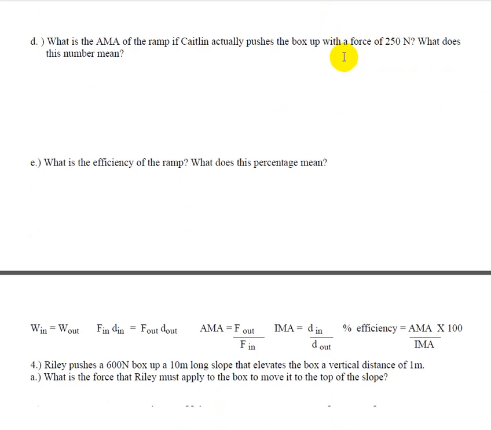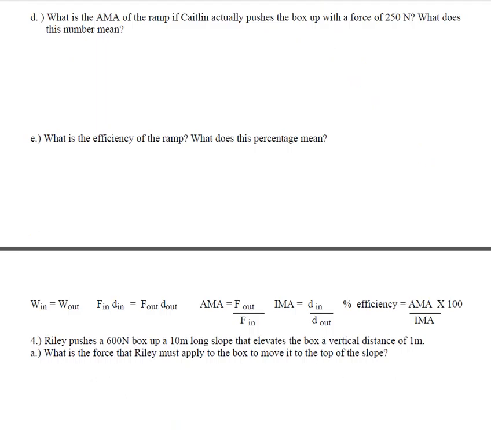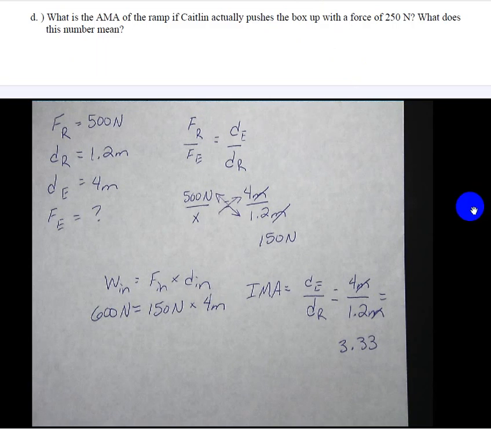Okay, now it says, what is the AMA of the ramp if Caitlin actually pushes the box up with a force of 250 newtons? As you can tell, 250 newtons is a lot more than what we expected. So now we're figuring in friction and outside forces. We are in the real world now.